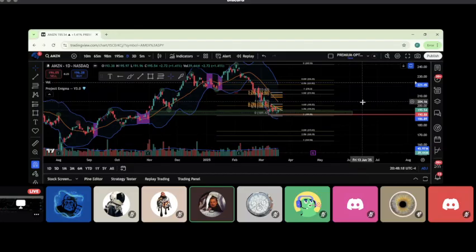You could just get back in tomorrow if it's going to keep ripping, or find a new play. I feel like you could see 204 by Friday if the market moves up, which is your middle Bollinger Band on the daily. Yeah, I'm going to say above 196, like 200s. 196, yeah.